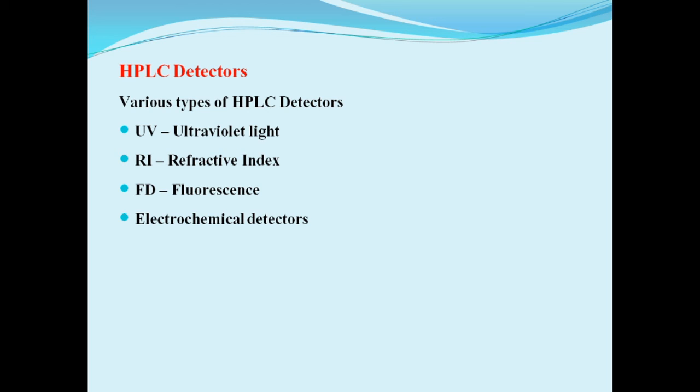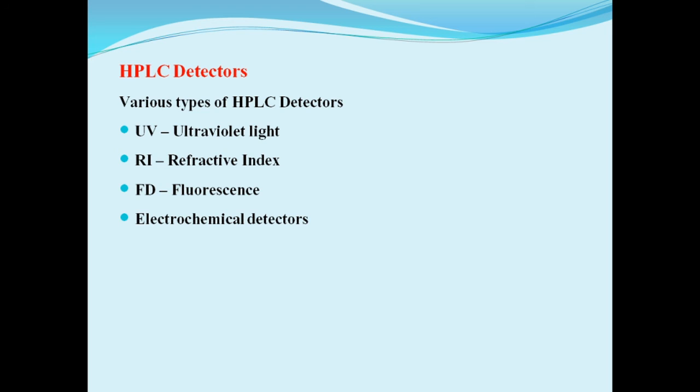First, UV ultraviolet light detector, most widely used. Principle of UV detector: absorption of UV visible light as the eluent from the column is passed through a small flow cell held in the radiation beam, suitable for gradient elution.